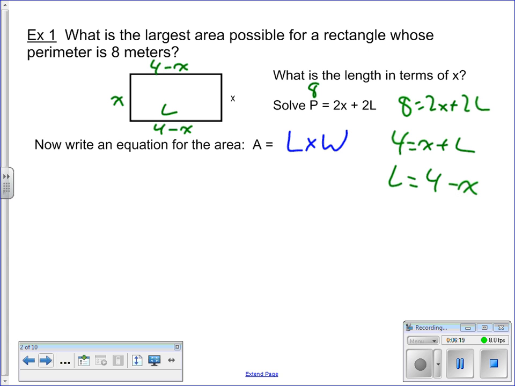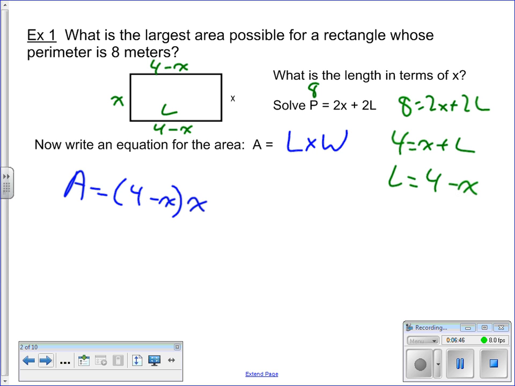Our area is length times width, so our area equals our length, 4 minus x, times our width, x. This is what we are trying to optimize. I want the largest possible area that I can find.